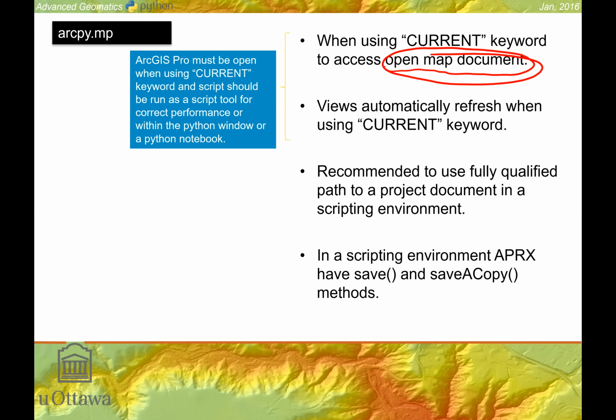And you can't use that word outside of ArcGIS Pro if you want to access one or more of the projects that exist on a disk, for example. And the save and save a copy methods are available once you do modify a map document or any of its constituent parts, such as layouts, layers, or maps, so that you can either commit the changes or you can create a new copy without modifying the original, which is always useful.